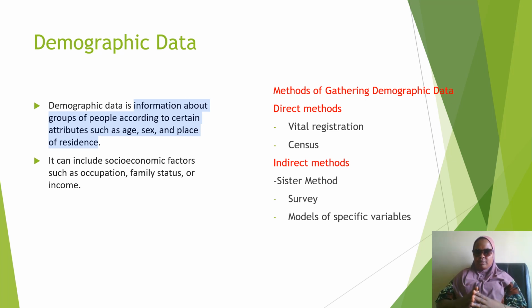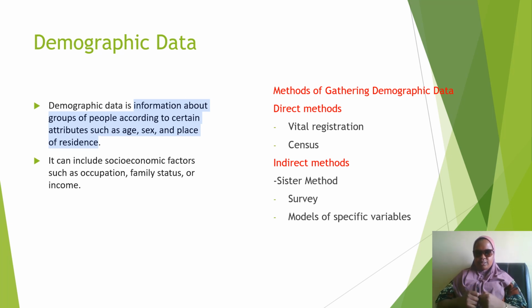Then we have survey. Survey is a method of gathering information with the use of instruments such as questionnaire, interview, focus group discussion, checklist, and others. So through all this survey, you'll be able to gather information on whatever variable you are trying to study.